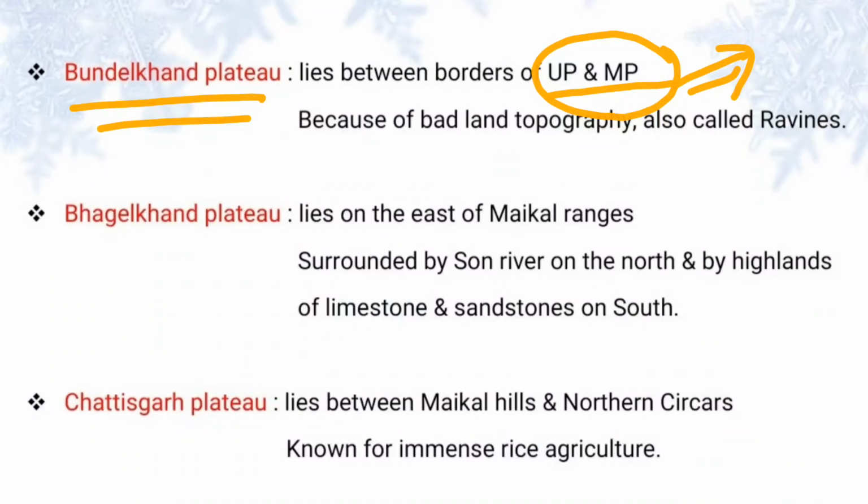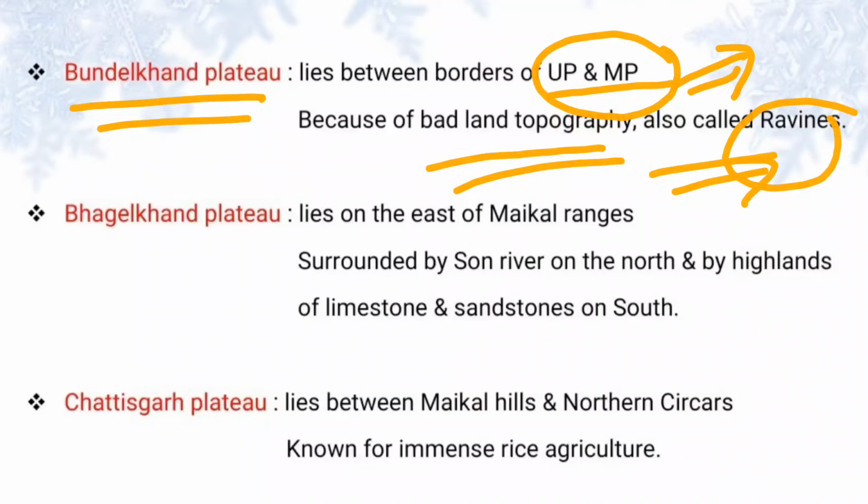Now the Bundelkhand Plateau has badland topography. You will not find land which is good for agriculture, because it is an uneven, very sterile surface, and this badland topography is called ravines. So it is said that ravines are found in the Bundelkhand Plateau.